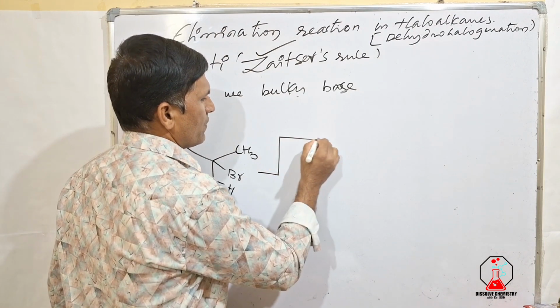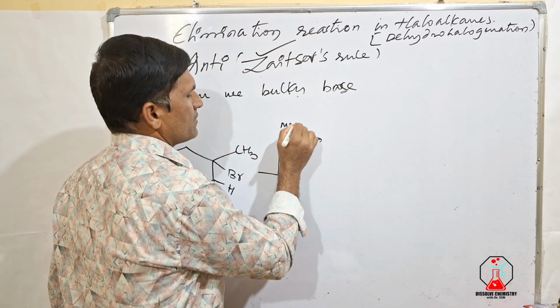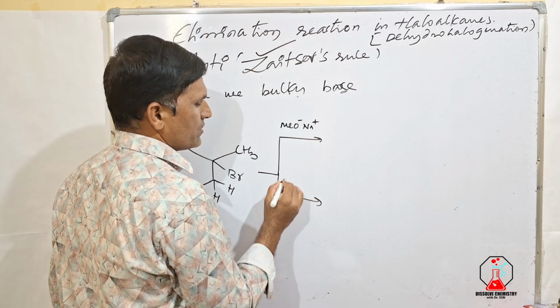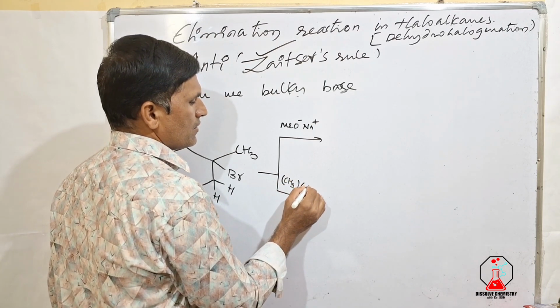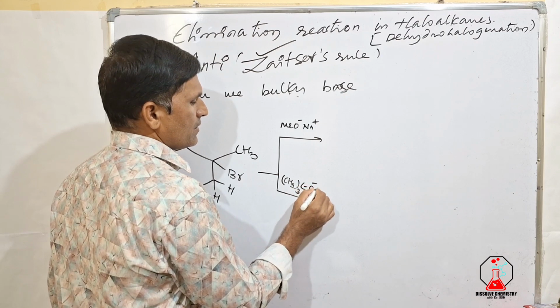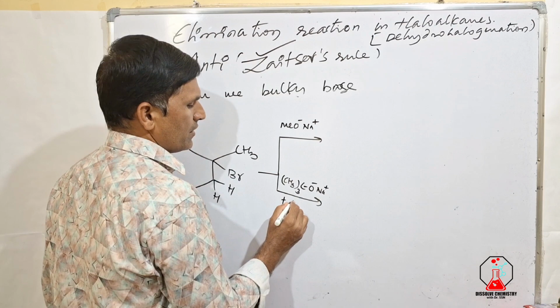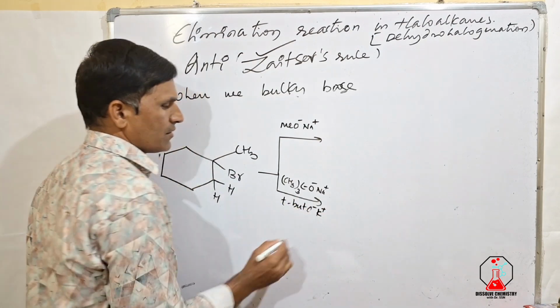Now suppose you are using sodium methoxide, CH3O minus Na plus, and in another case we are using (CH3)3CO minus Na plus, or you can call it tertiary butyl oxide, K plus or Na plus.